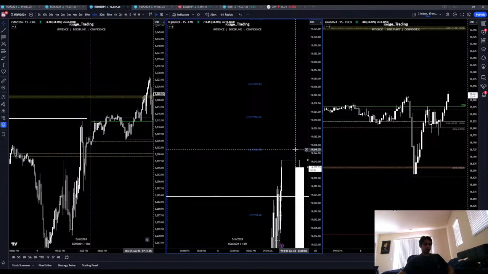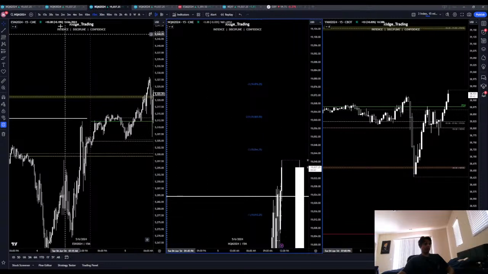Getting pretty close to that 2 standard deviations that I marked out earlier. 4 points away. We'll see if that comes.